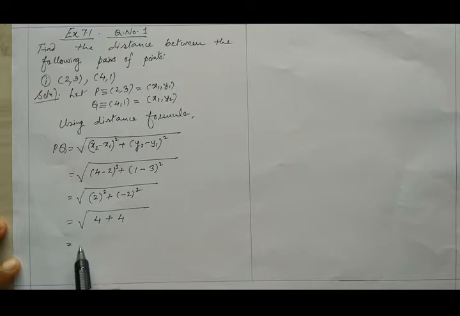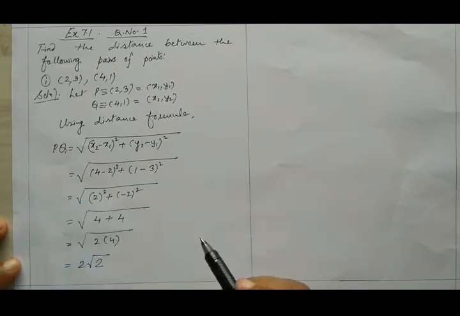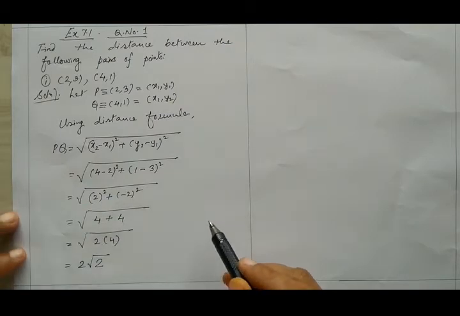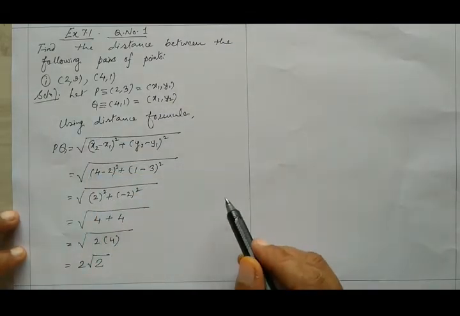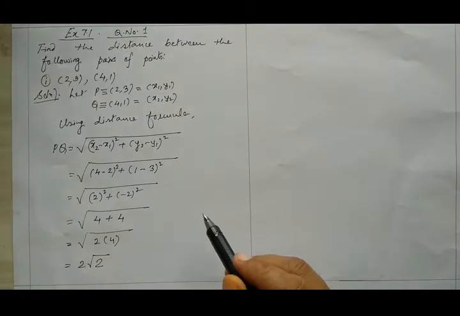So it is nothing but 4 plus 4, so under root of 8, so you can write 2 into 4, that is 2 root 2. So the distance PQ is 2 root 2.